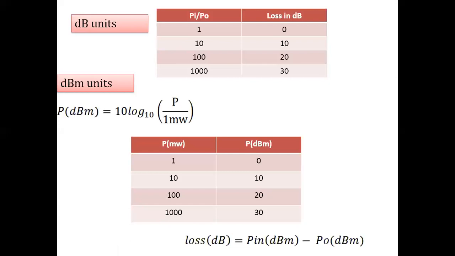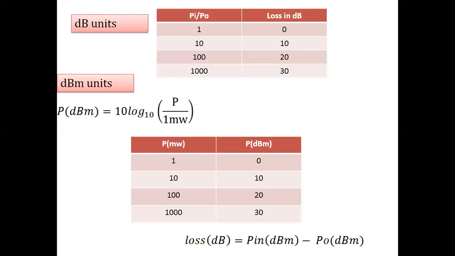Similarly, if we go below 1 milliwatt, say a power of 0.1 milliwatt, which is less than 1, then by substituting that value we get the power as minus 10 dBm. In this way, we represent power using dB units and dBm units.